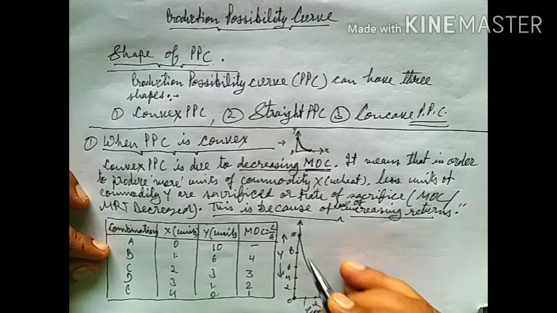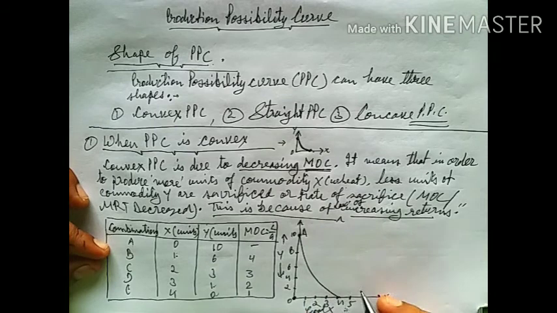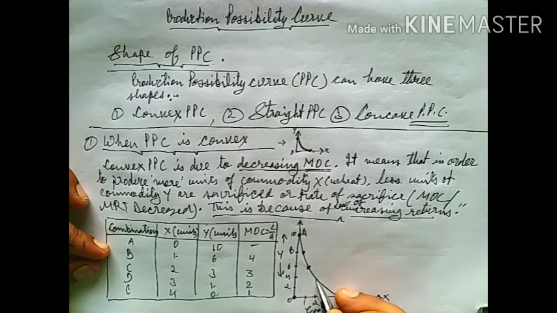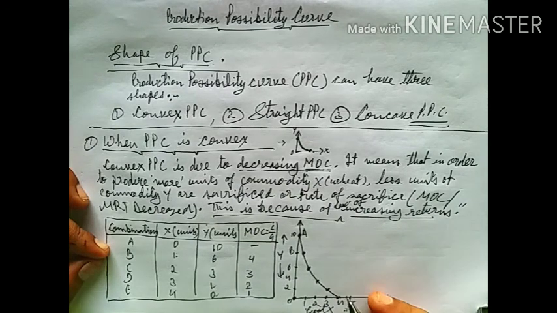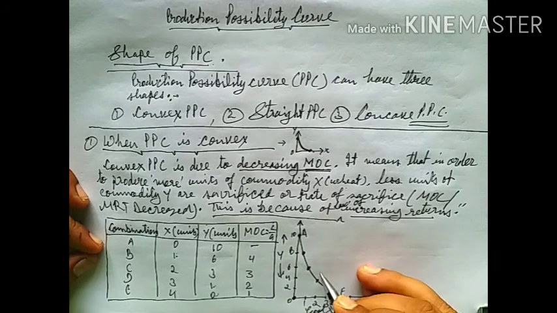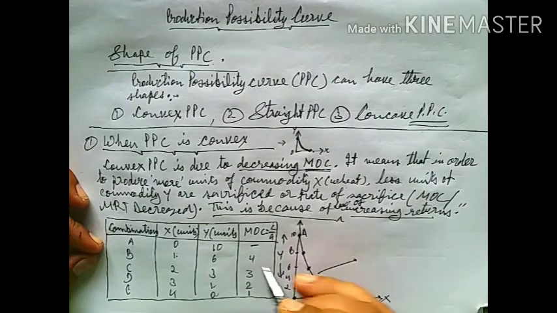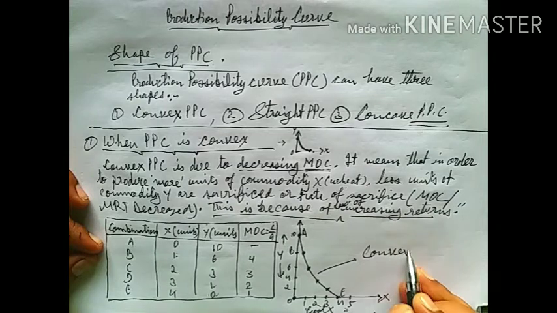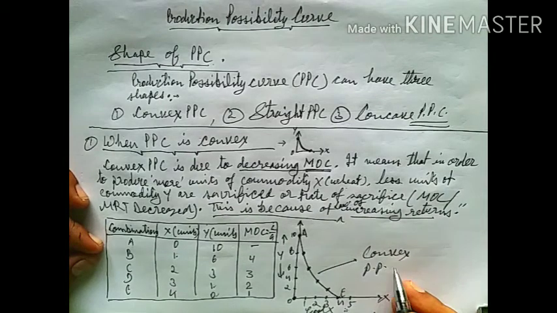So here A, B, C, D, E, from A to E, this is the convex PPC.